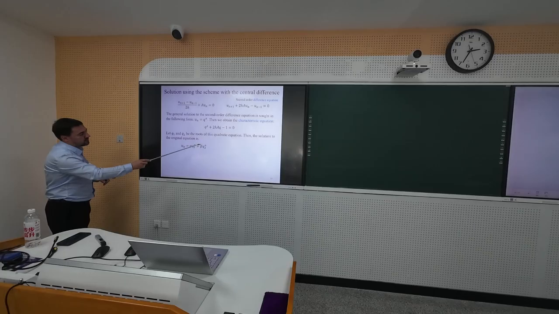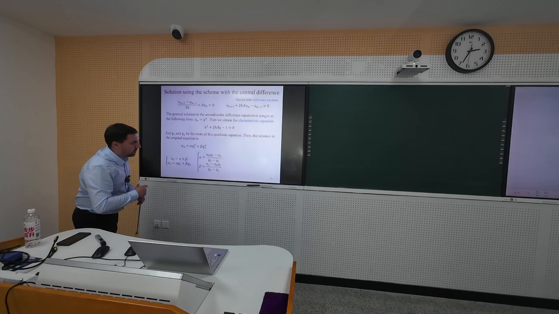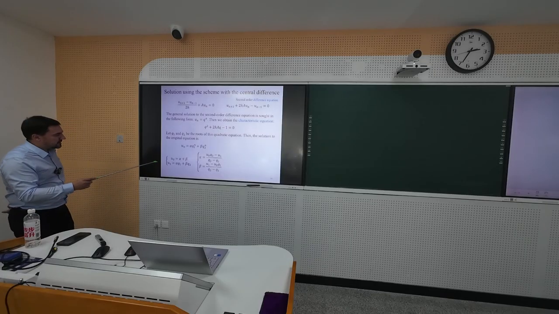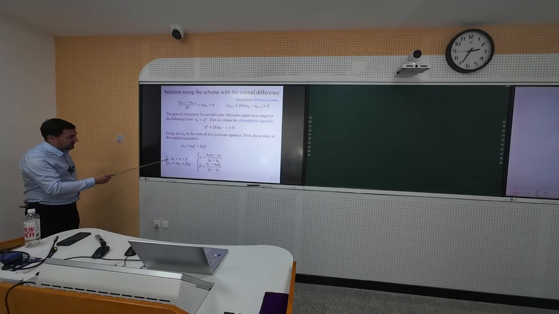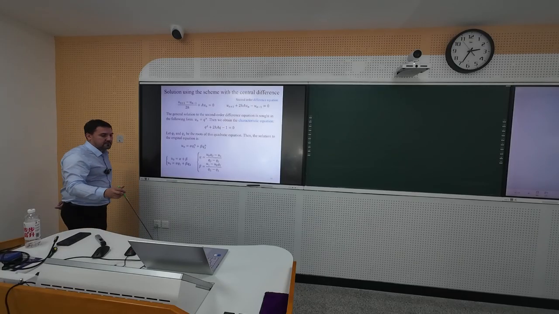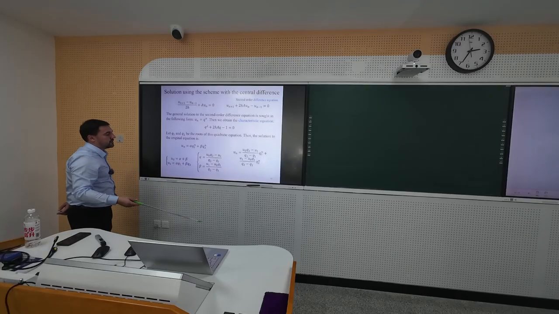We take n equals 0 and n equals 1. If n equals 0, we have u0 equals alpha plus beta. If n equals 1, we have u1 equals alpha q1 plus beta q2. These are the equations to find alpha and beta through u0, u1. So we find alpha and beta, and then we can get the general solution of our finite difference equation.